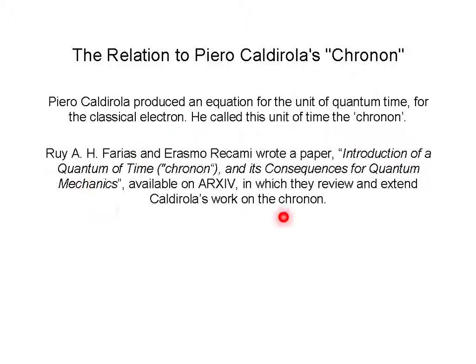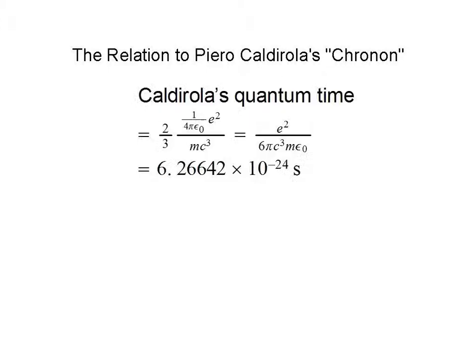And this is a reference to a paper written by Farias and Recami, and they review and extend Caldirola's work. The equation for Caldirola's quantum unit of time, given in the Recami paper, is this value here. It comes to 6.26 times 10 to the minus 24 seconds.